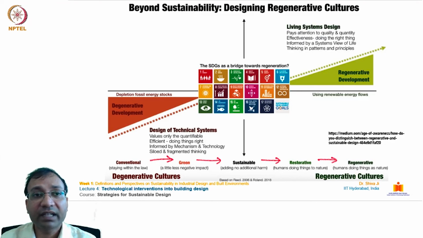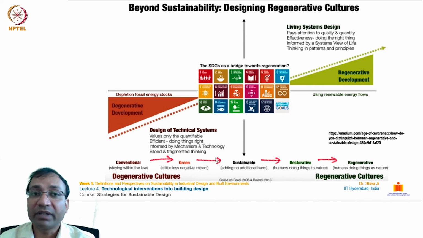Well, how can this be done? How we have been living conventionally, how we have been manufacturing stuff conventionally, how we have been consuming things conventionally. So from that, if you see the bottom of this slide over here, from those conventional degenerative cultures we have to move to a greener culture, we have to move to sustainable approaches.